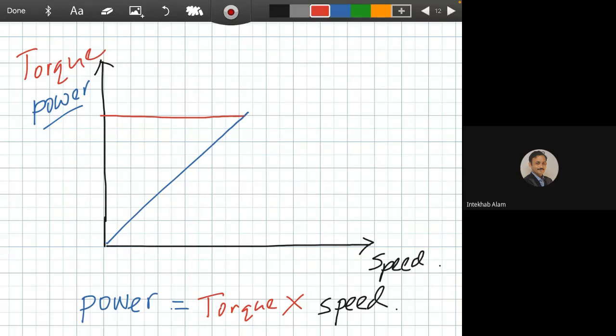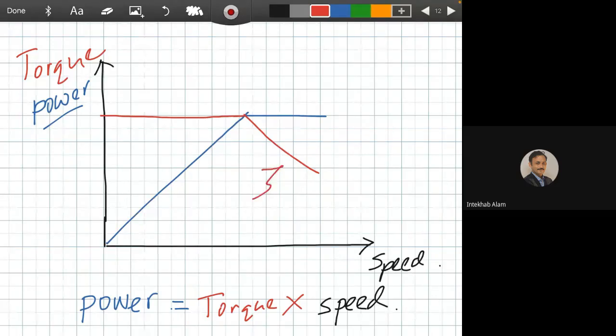Then we need to go for constant power to complete the work. When we go for constant power while increasing the speed, the torque will be reduced. It is actually a parabolic function.